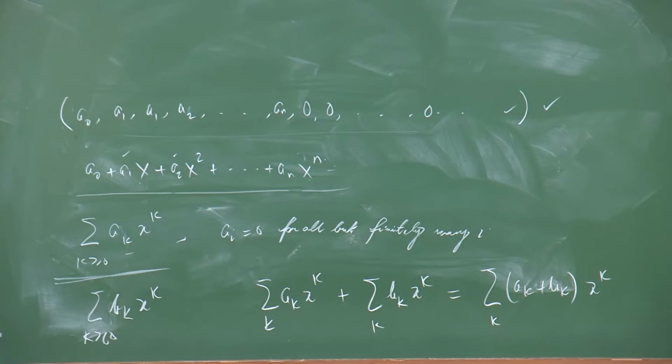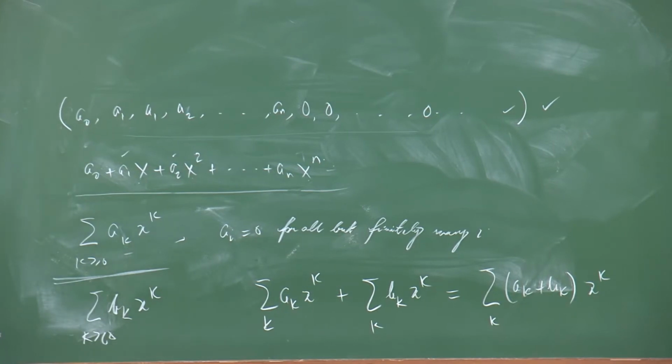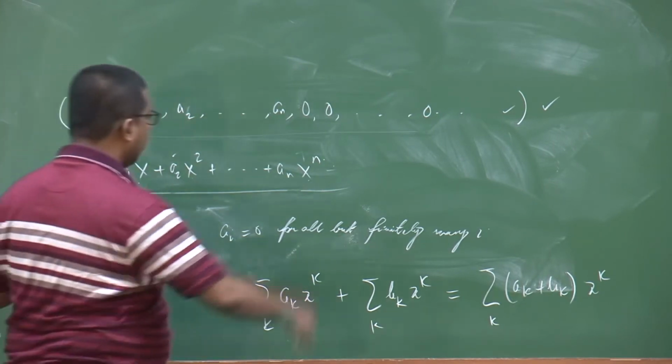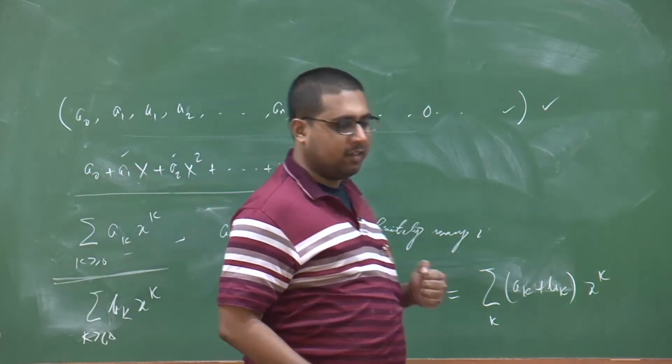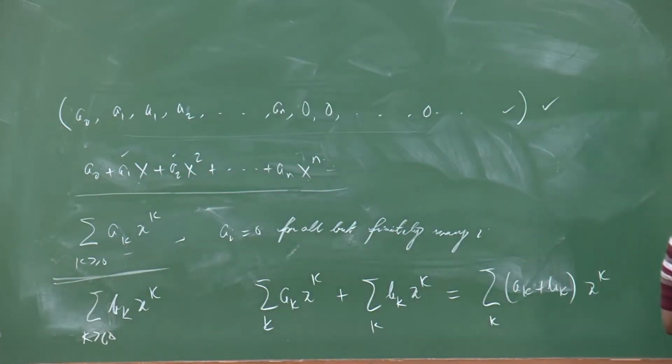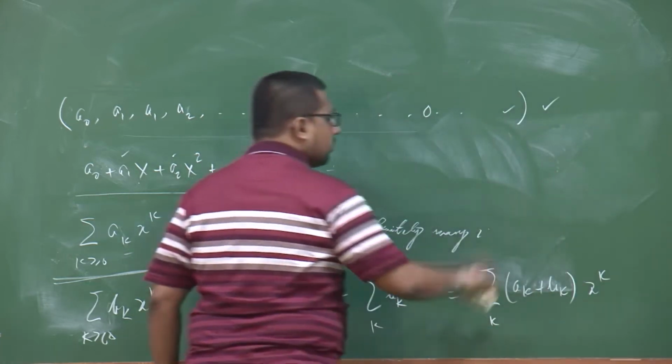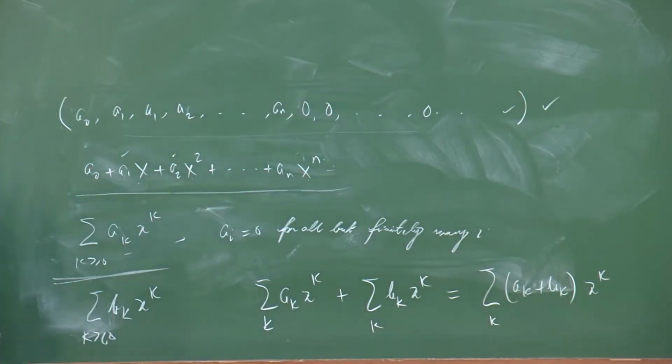With that very rigid control, it becomes easier to see the multiplication of polynomials. So this is a ring. Similarly, we can talk about polynomial rings in more variables.